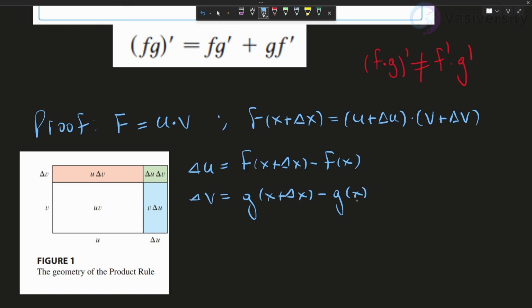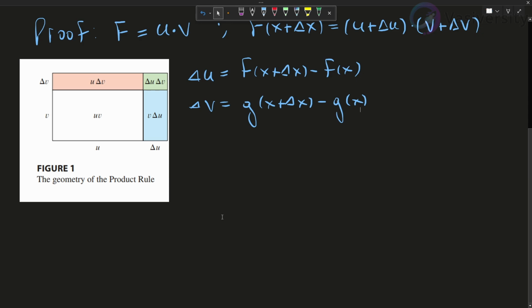So the new area or value is good, and we are allowed to make these changes of the delta terms.